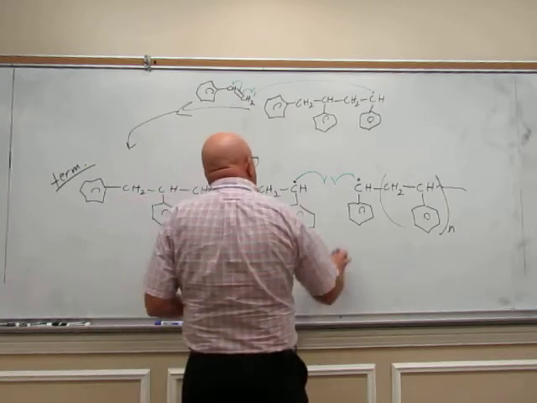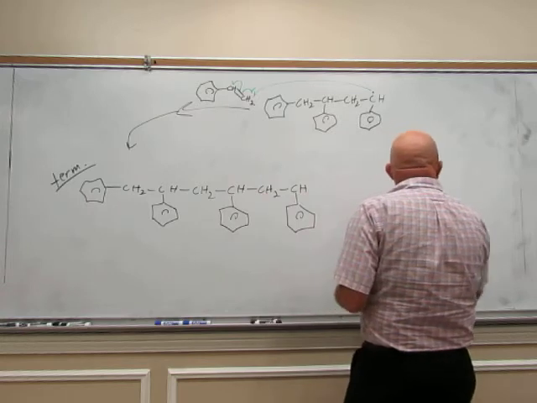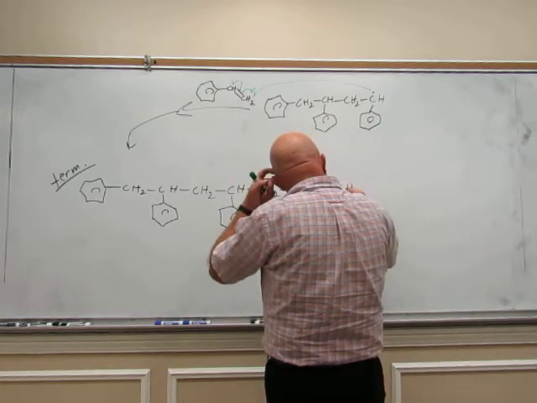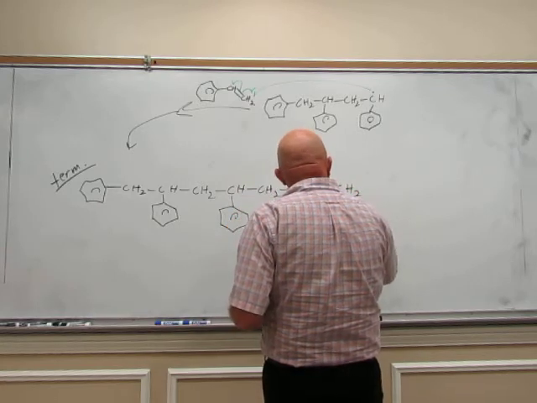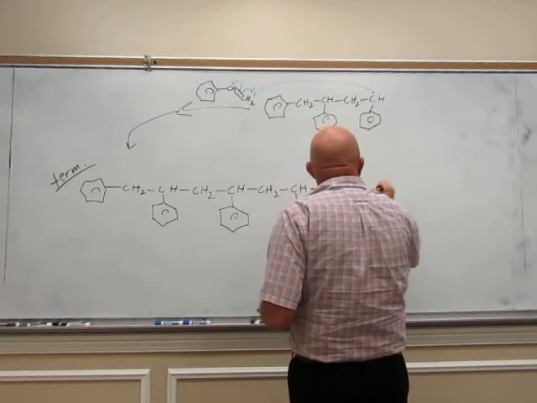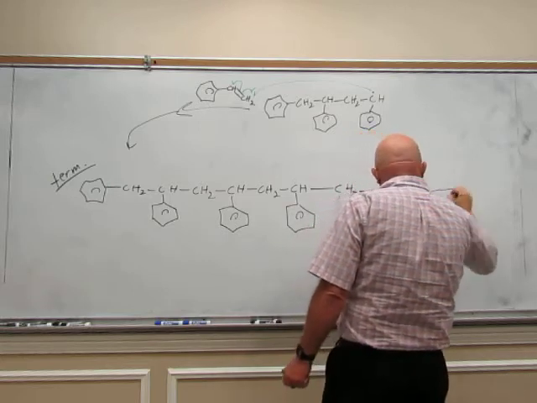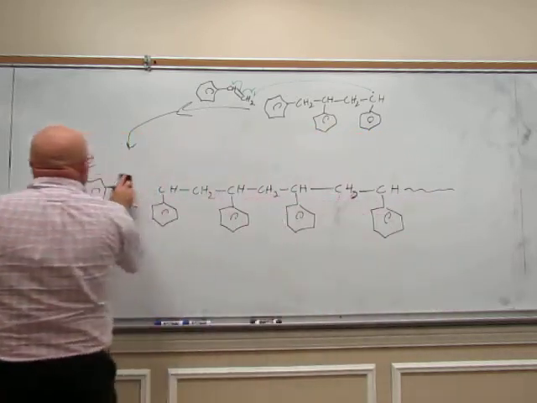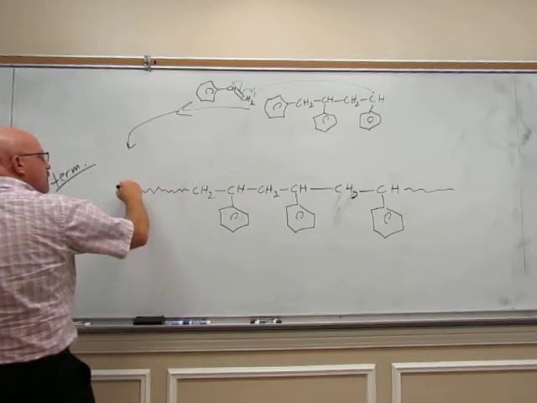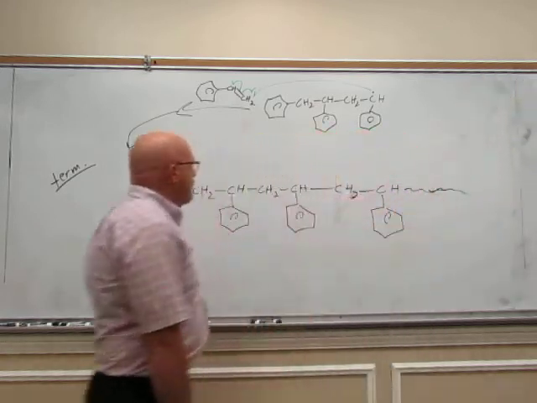So we will often draw the final product here. Like I said, I can't draw the full structure out. Squiggly lines there just means it goes on and on and on.